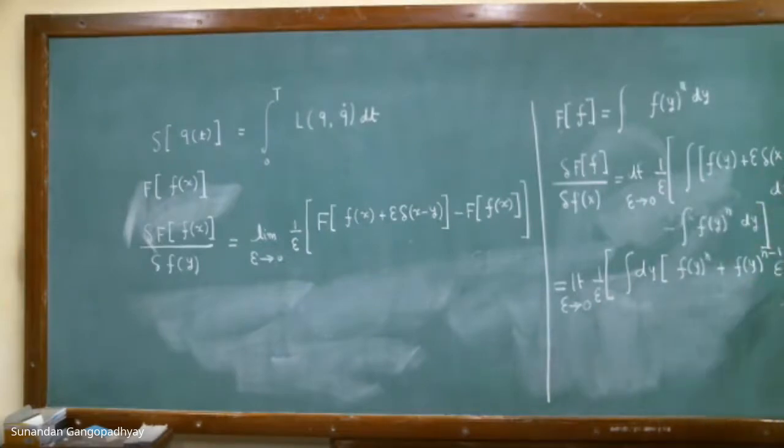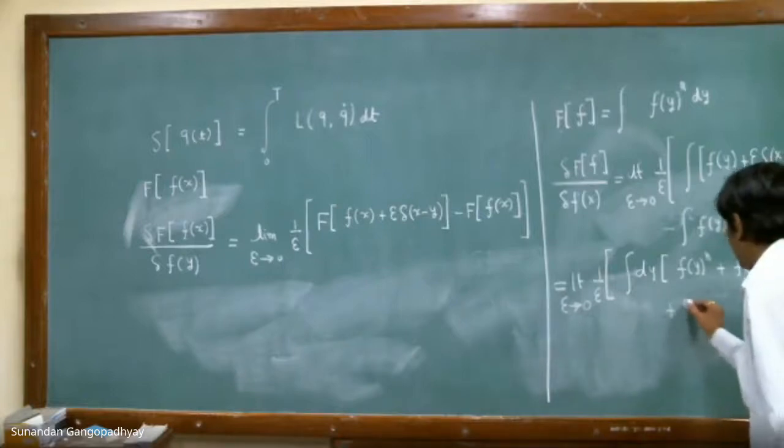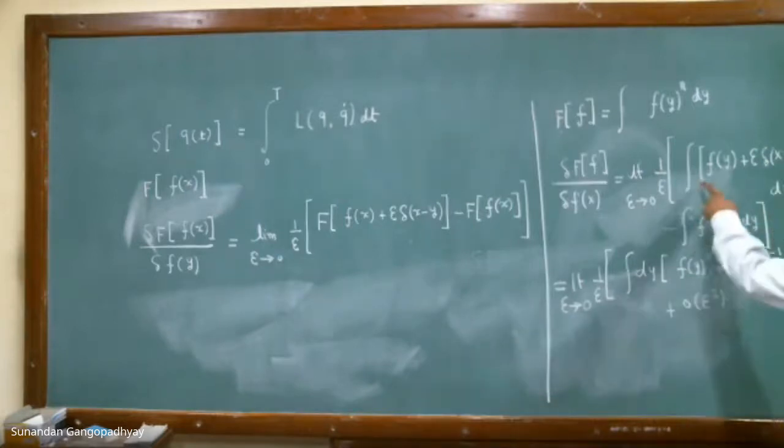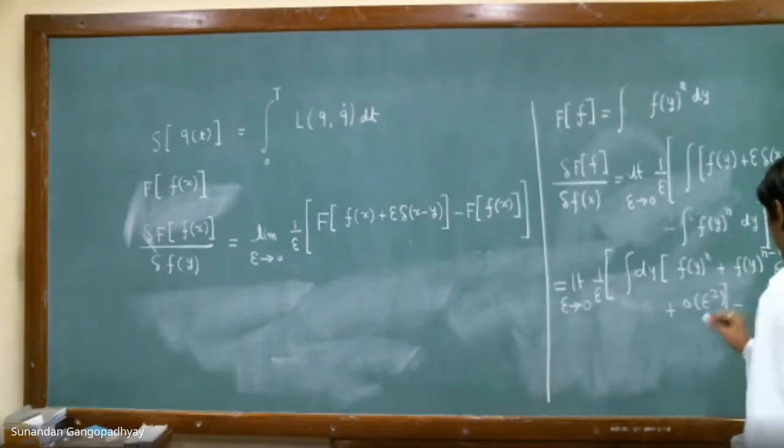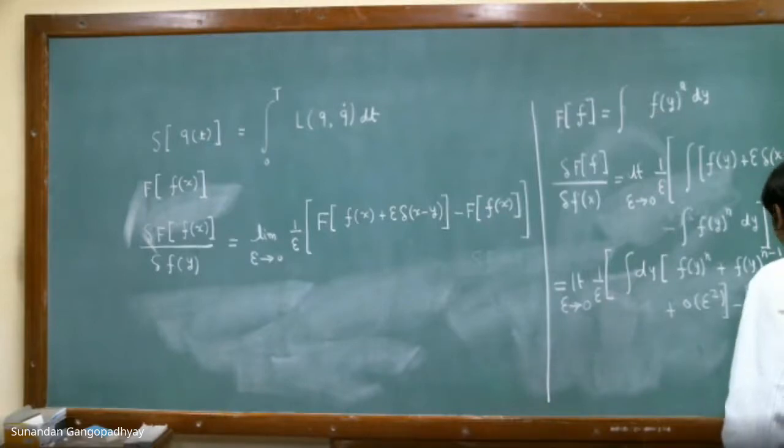This is the second term of the binomial expansion. And then we will have terms of the order of epsilon square. So this is all about the first term. And then you have this term minus, so let me just close the bracket over here, minus integral dy f(y) to the power of n.